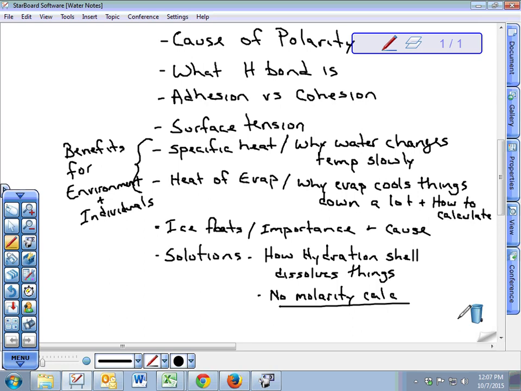What causes specific heat, like what the specific heat of water is, which is 1 calorie per gram per degree. There will probably be a question where you have to calculate that. So physically, why does the temperature change slowly? Because it has to break the bonds between the molecules first before it can get them moving around and increase their temperature.